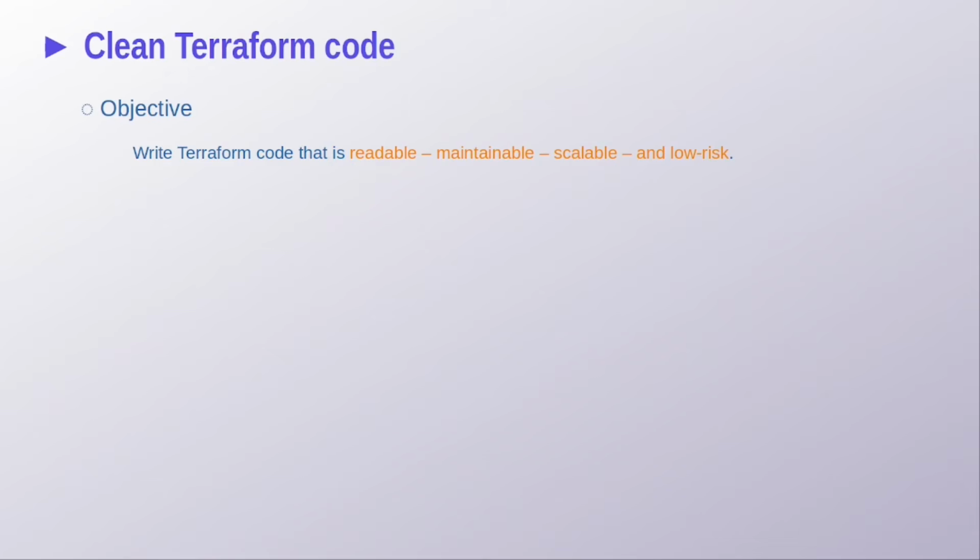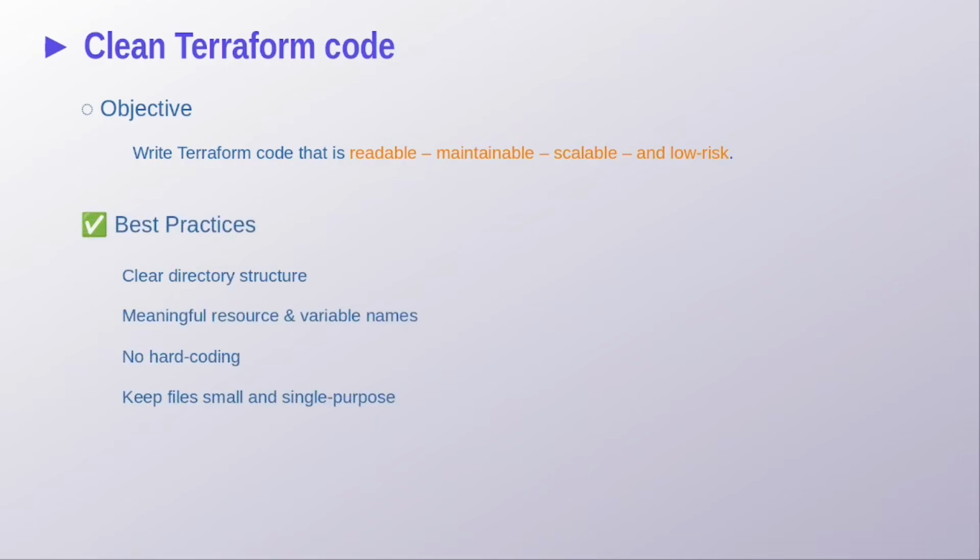Remember this, you will read Terraform code many more times than you write it, so clean code really matters. Best practices: clear directory structure, meaningful resource and variable names, no hard coding values, keep files small and single purpose.